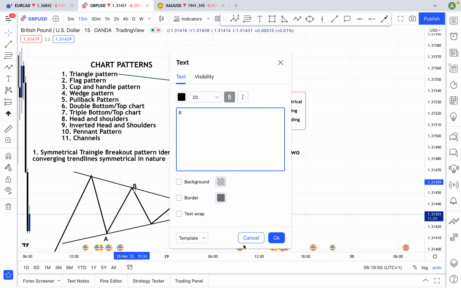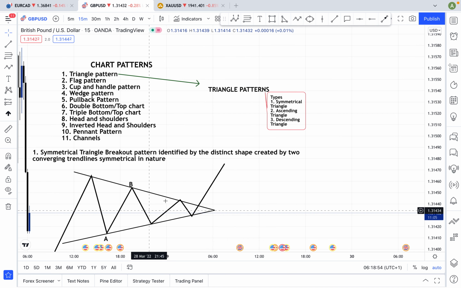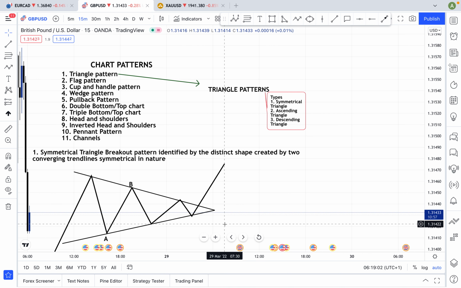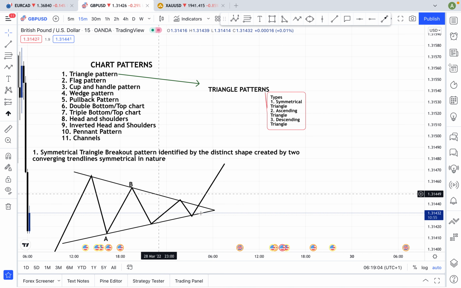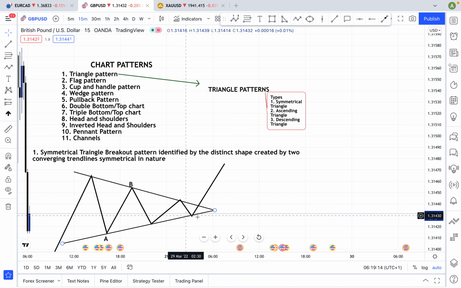When you have your point B here, this must be done at least 4 times, if not 5. This is actually 5: point A, B, C. Even if we count from here, A, B, C, D, E, F, like 6 times. Sometimes it's more than that. Sometimes it's just 3-4 times, and then A, B, C, D. Then you have a breakout. And there are some candlestick patterns that you're going to see. You're going to see some rejection, reversal candles.